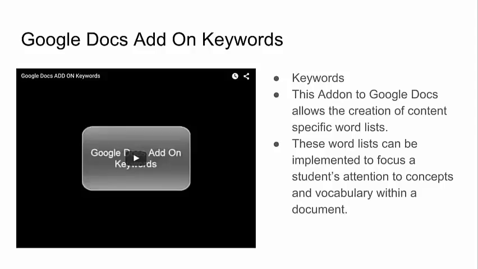The student then can go to the keyword option in Google Docs, open up the list, and this gives them a path for looking for those words within the document and hopefully helping them understand and comprehend more what those keywords have to do in relation to the entire document. It's a pretty nice feature. Take a look at the video and then we'll move on.